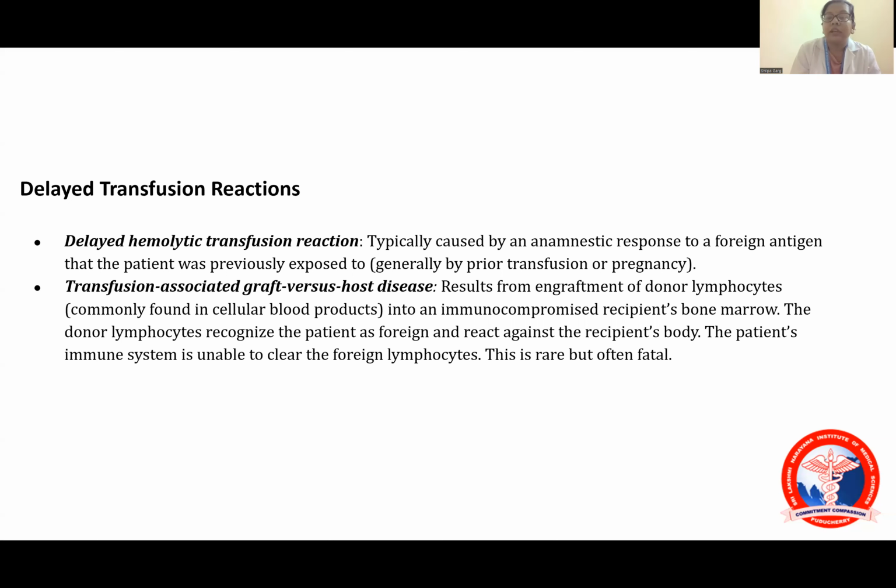It results from engraftment of donor lymphocytes, which are commonly found in cellular blood products, into an immunocompromised recipient's bone marrow. The donor lymphocytes recognize the patient as foreign and react against the recipient's body. The patient's immune system is thus unable to clear the foreign lymphocytes. Though this is a very rare reaction, if it occurs, it is a fatal event.